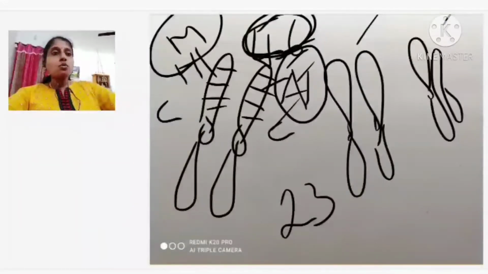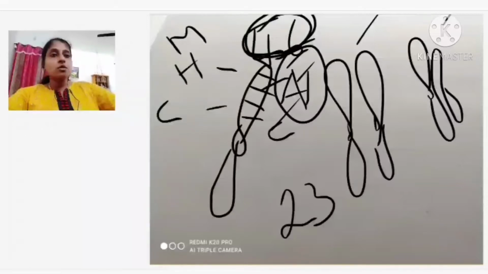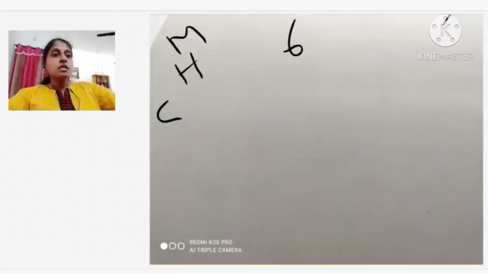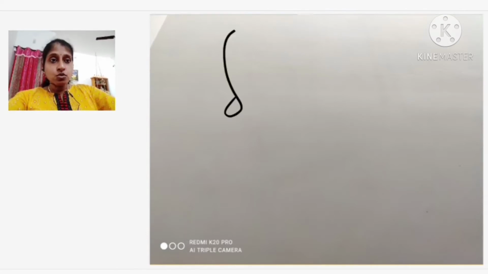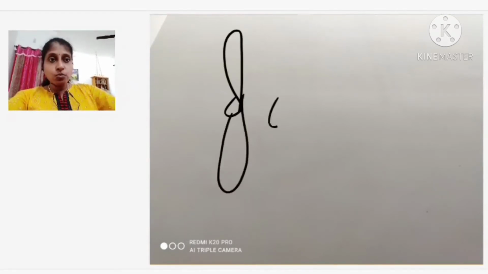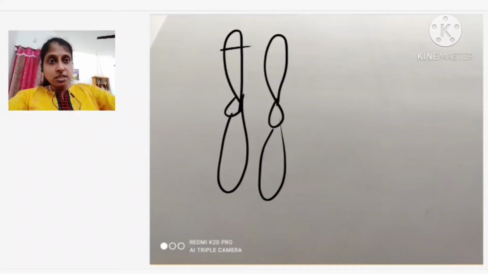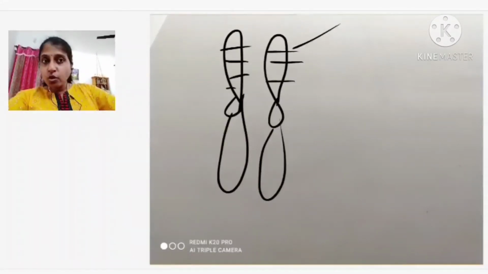So all these homologous chromosomes are coding for the same sequences. This is one pair of homologous chromosomes, which means whatever genes are present for a character over here, the gene for the same character will be present over here also.